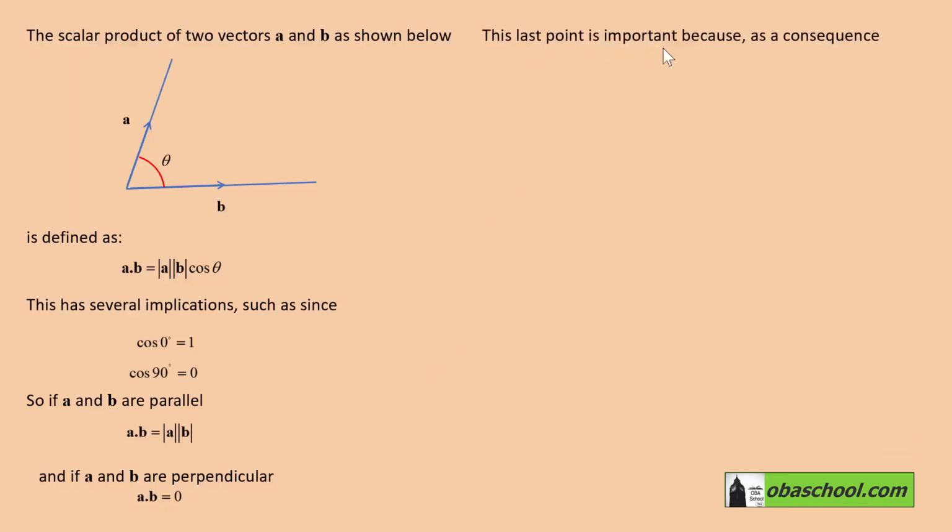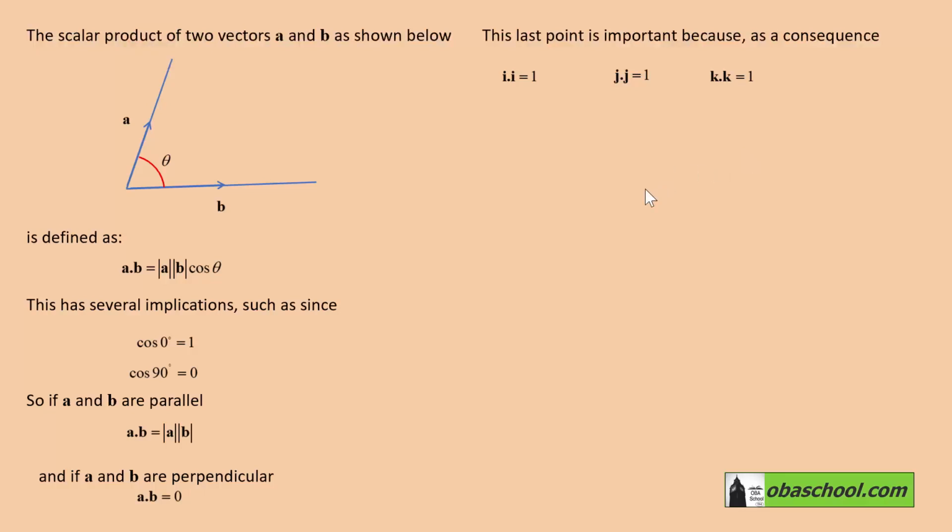The last point is important because as a consequence, I dot I is 1, J dot J is 1, and K dot K is 1. Remember, these are unit vectors, so they all have a modulus of 1, and obviously I is in the same direction as I, so the cosine of 0 is 1.